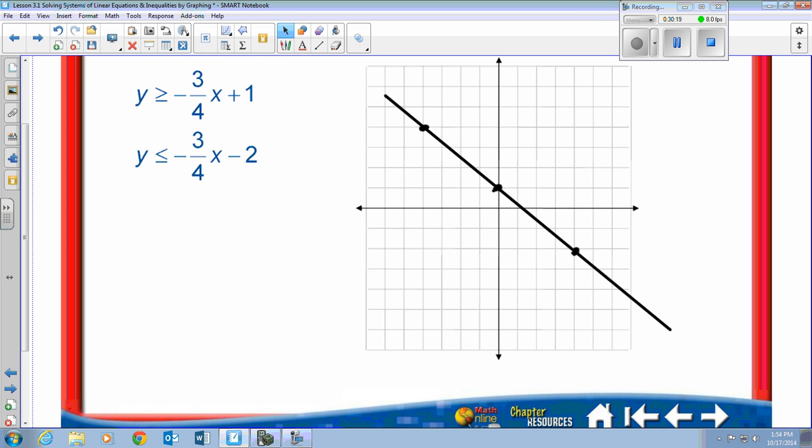And the other one has a y-intercept of negative 2 and a slope of negative 3/4. So I can graph this line. They're both solid.